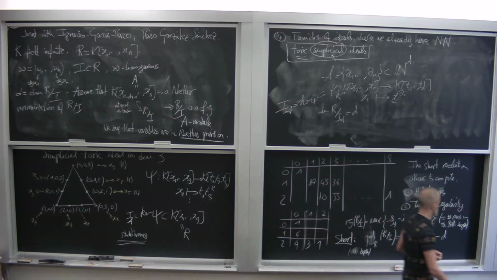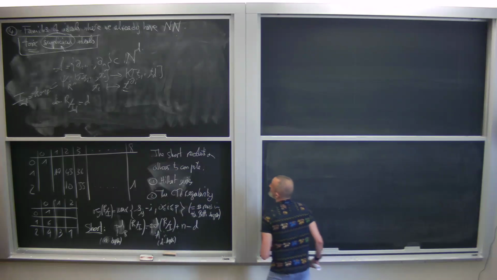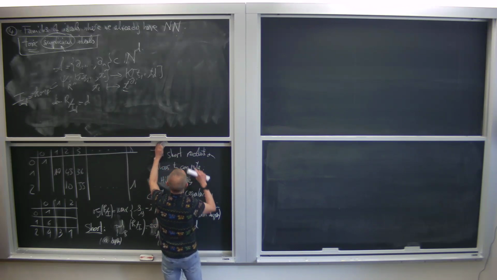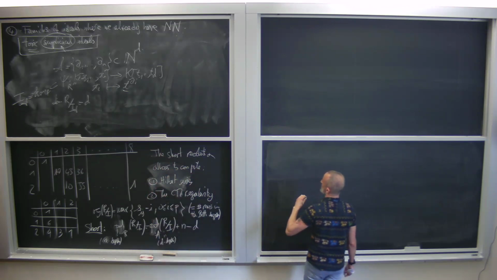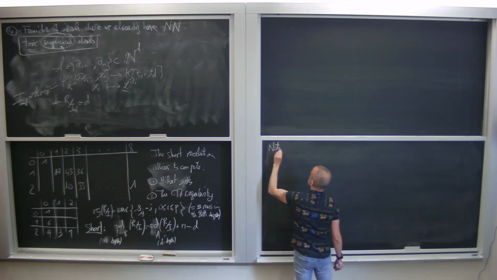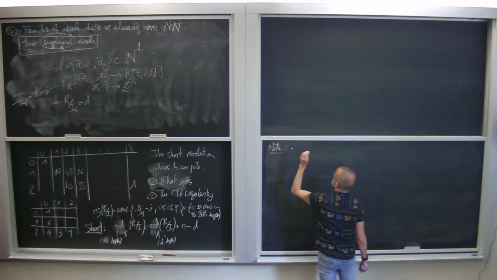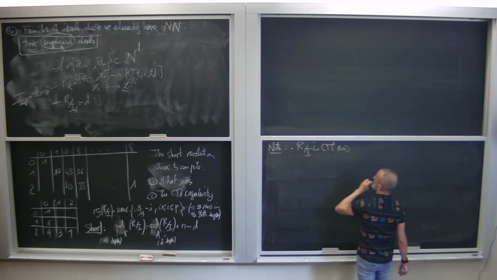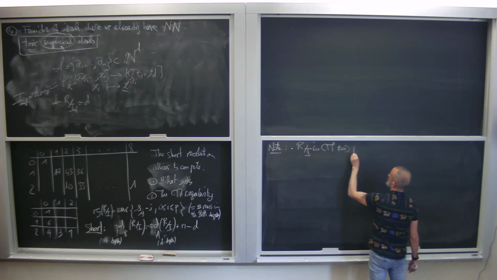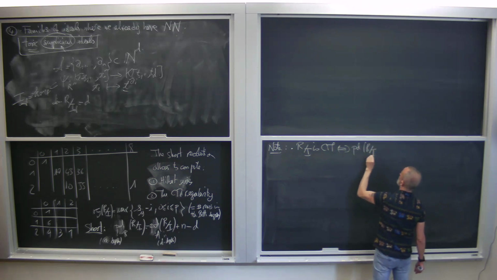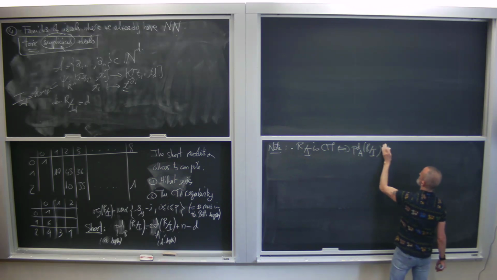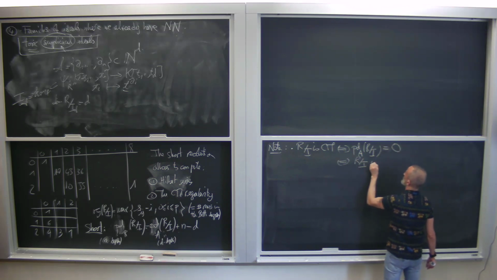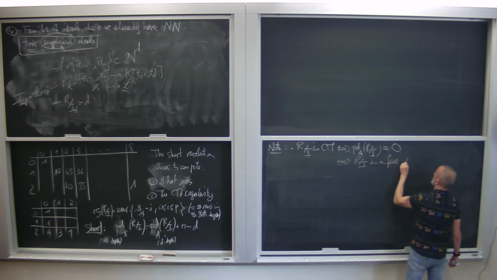Okay, so R over I is Cohen-Macaulay if and only if the projective dimension of R over I as an A module is 0, which means that R over I is a free A module.